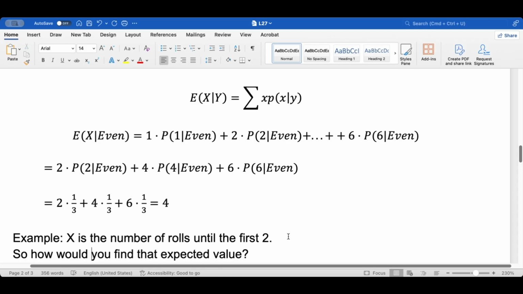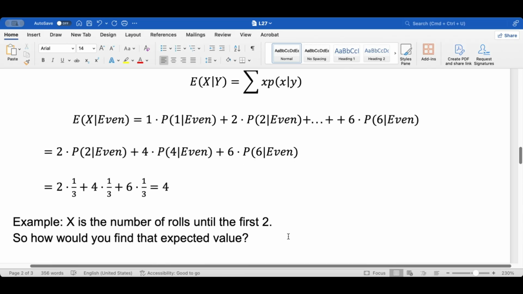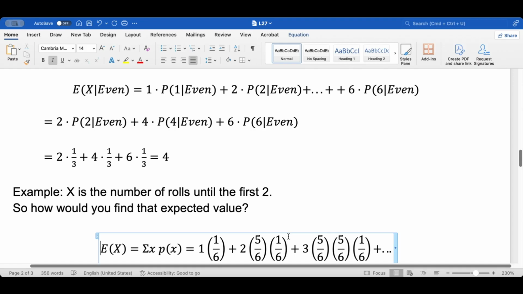All right, slightly different question here. X is the number of rolls until the first 2 appears. What's the expected value here for the number of rolls to get to a 2? So it's summation x times p of x. What would it take for x to be 1? We'd have to get the 2 on the first roll, 1/6. What would it take for x to be 2?